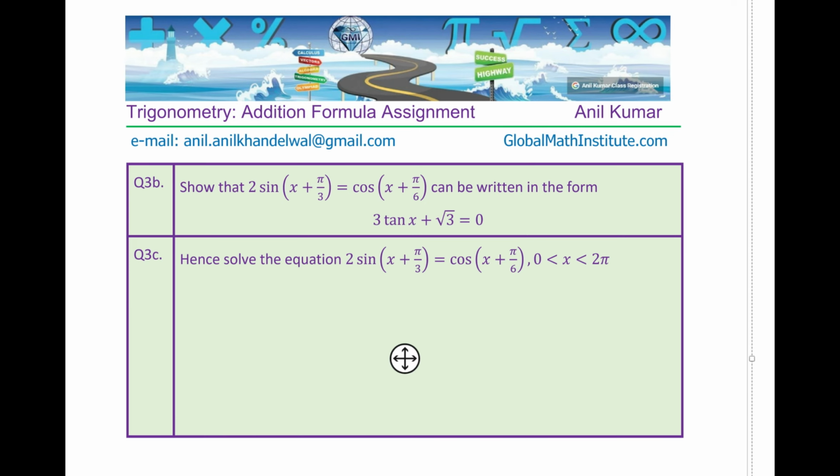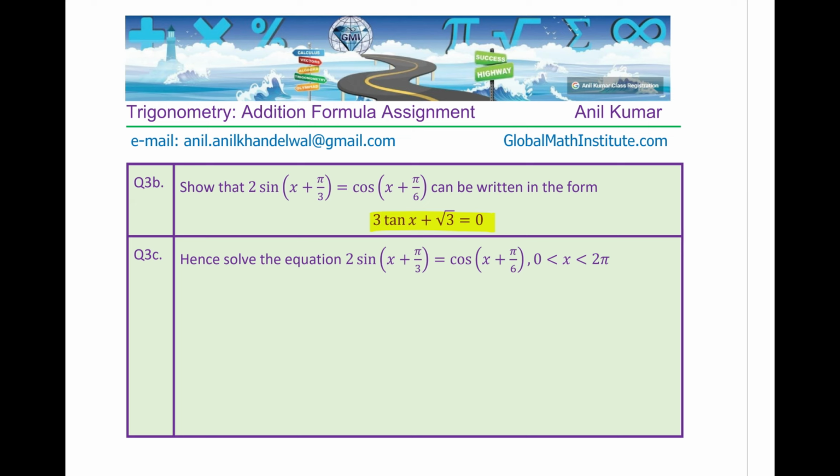Now that leads to the next part, which is we need to solve the equation 2 sine x plus pi by 3 equals to cos of x plus pi by 6, where x is between 0 to 2 pi. So basically we know this is equal to 3 tan x plus square root 3 equals to 0.